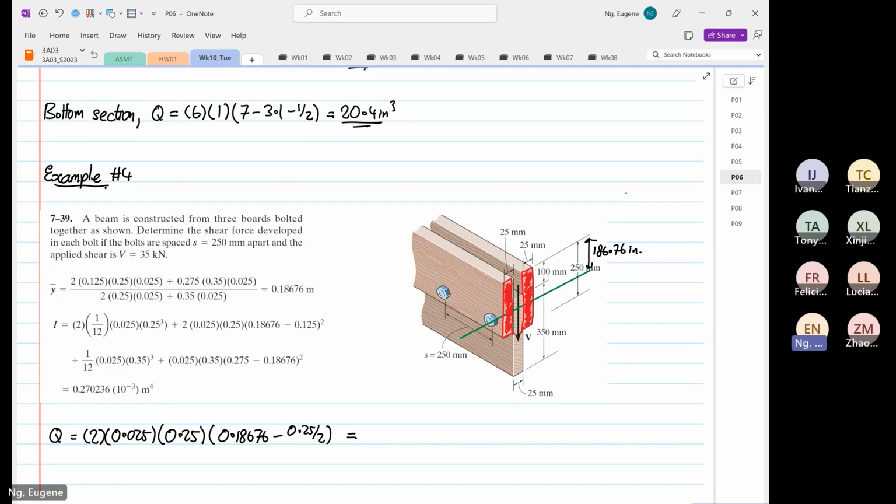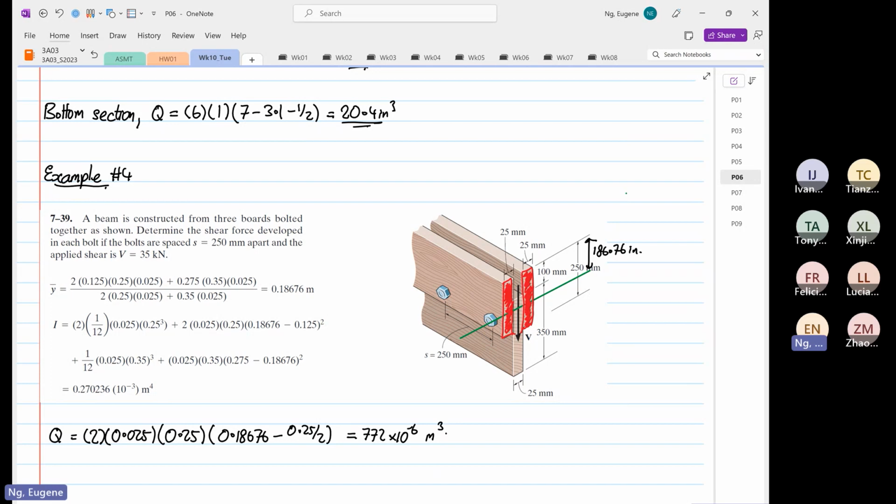So this is equal to 0.18676 minus 0.025 divided by 2, times 0.25 times 0.025 times 2, is equal to 772 times 10 to the power minus 6 meter cube, sorry. Let me do again. 0.18676 minus 0.025 divided by 2. Yep.